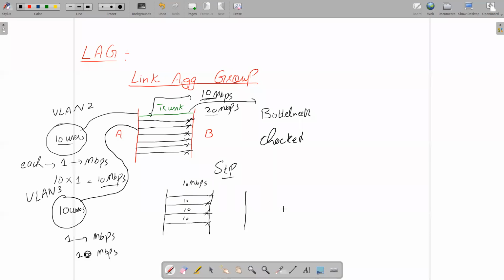So what we need to do, we need to bundle them. I will take all the physical interfaces and I will bundle them into one logical interface.